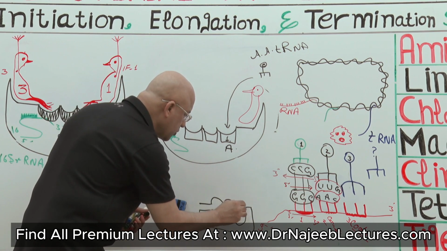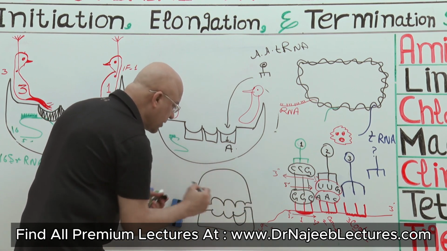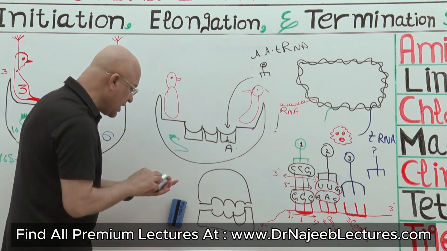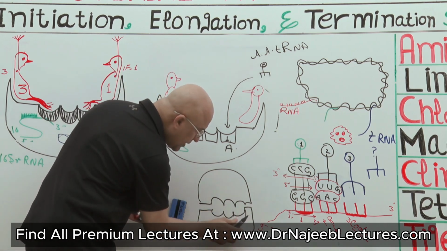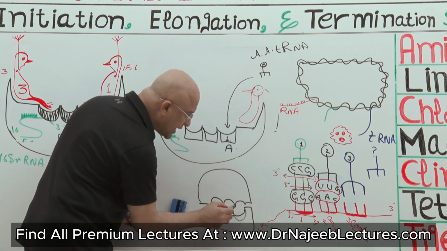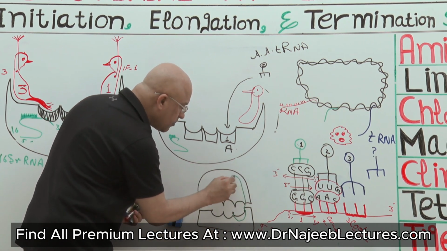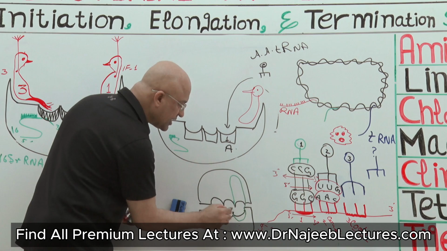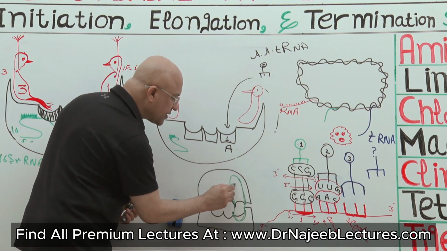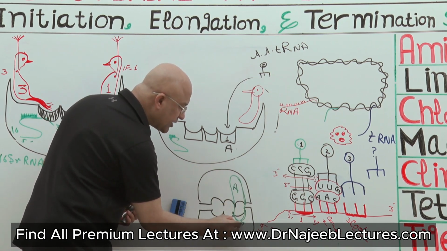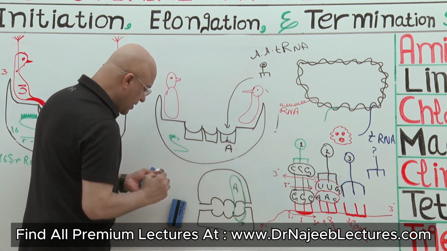Later on I will show you when 50S binds here, not now. Actually the A site is partially on 30S and partially on 50S. So all this is the A site, the A site of 30S and the A site in the 50S.